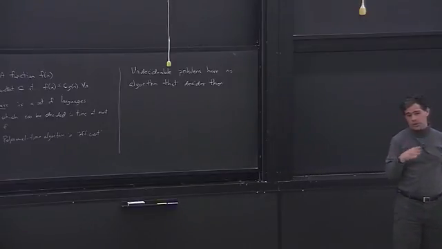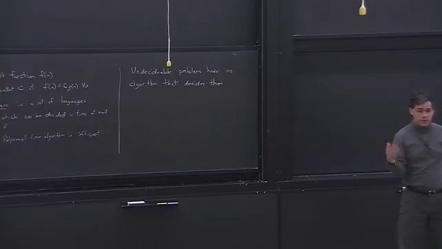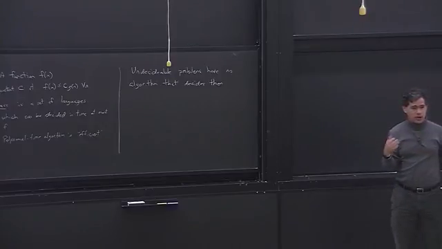Right? I said I wanted a machine-independent method of classifying the complexity of problems. But before I do that, I should be sure, for instance, that all machines can decide the same class of problems. Right?